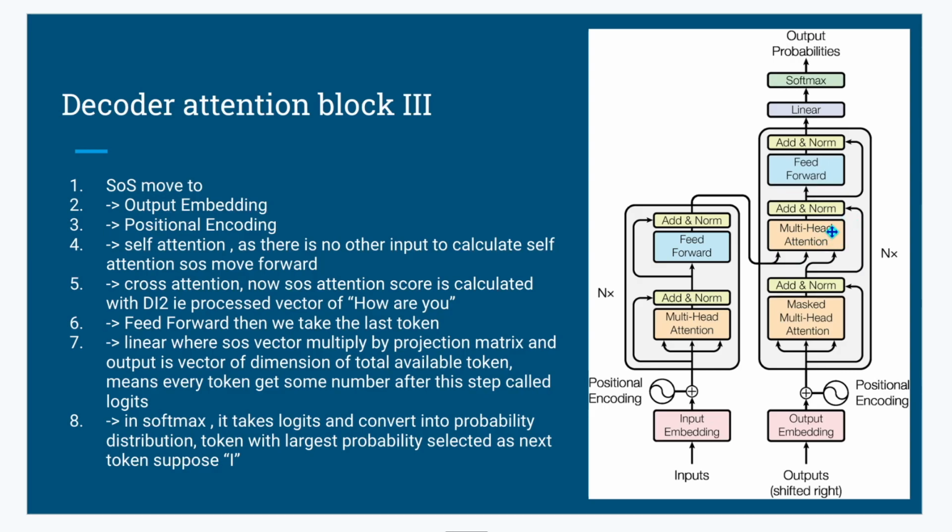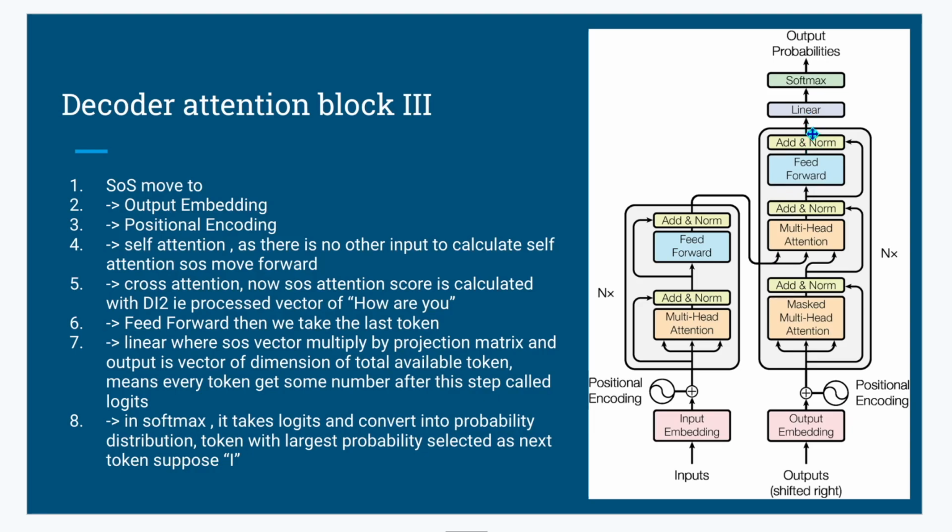This is the cross attention block. What this cross attention block does is that the attention of SOS gets calculated with the input coming from the encoder module. Here we take the example "How are you?" So attention is calculated with that. Now SOS moves to the feed forward, all the calculation, and again the same vector comes out, the SOS vector.